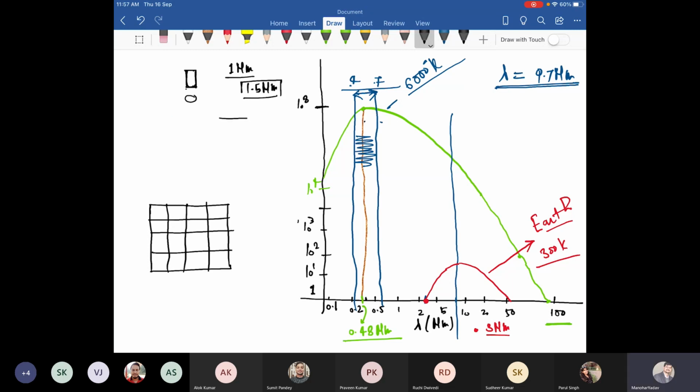So it means 1 micrometer is the central frequency. At the center we have 1, and the edges you can write 0.25.